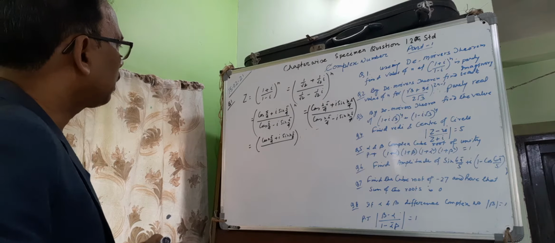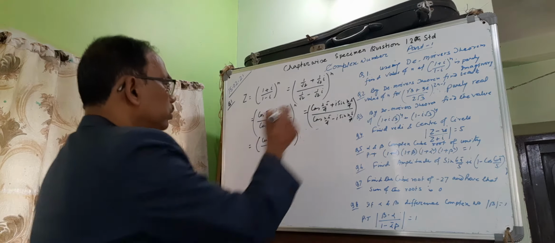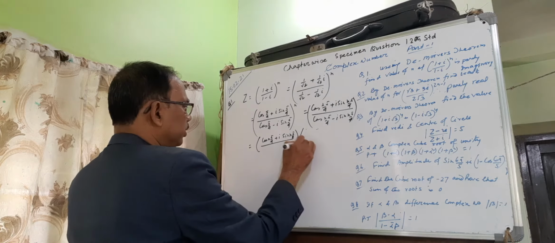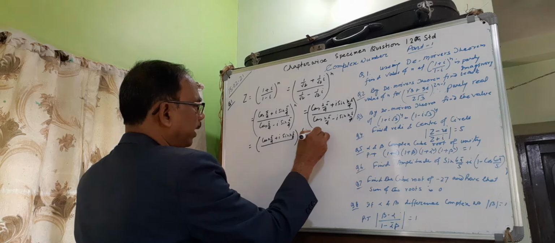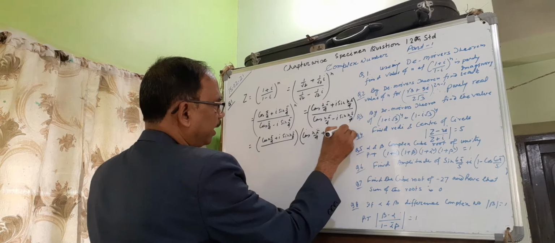Because we know (cos theta plus i sin theta) whole to the power n is cos n theta plus i sin n theta, using De Moivre's theorem.